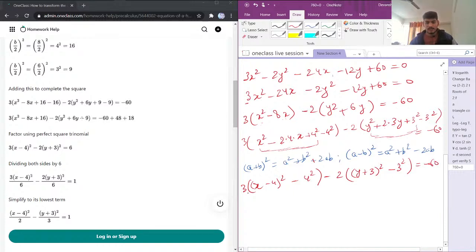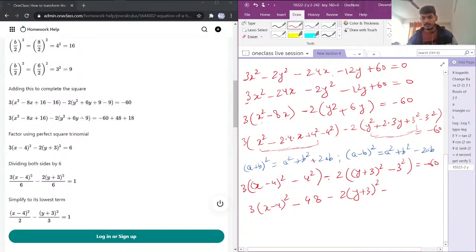Now I will just 3 times (x minus 4) whole square minus 3 times 16. 3 times 16 will be 48. Negative 48, minus 2 times (y plus 3) whole square minus 3 square.